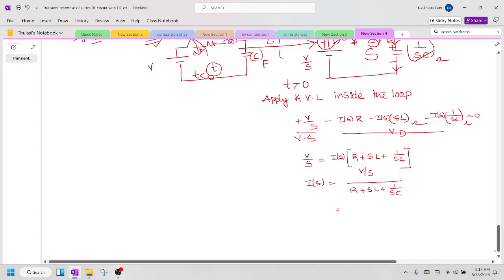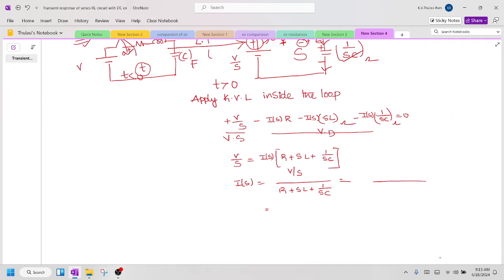So what we are going to do here is take the LCM. When you take the LCM, the LCM is SC.